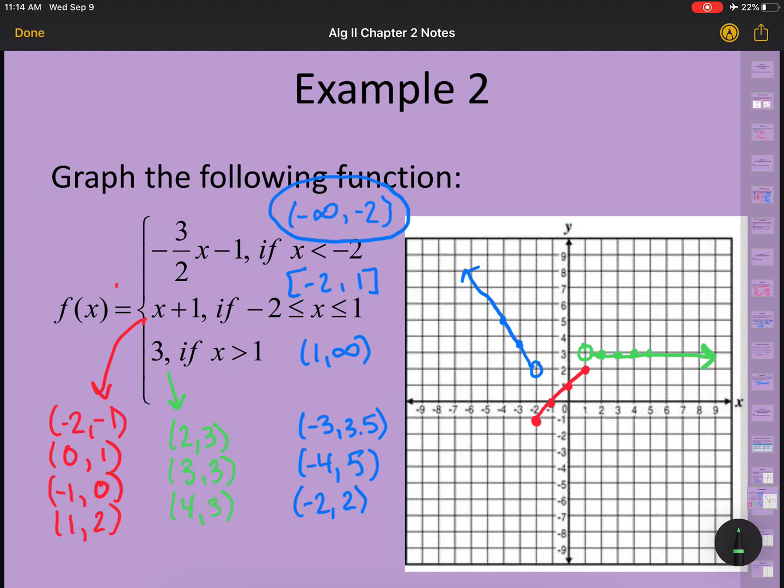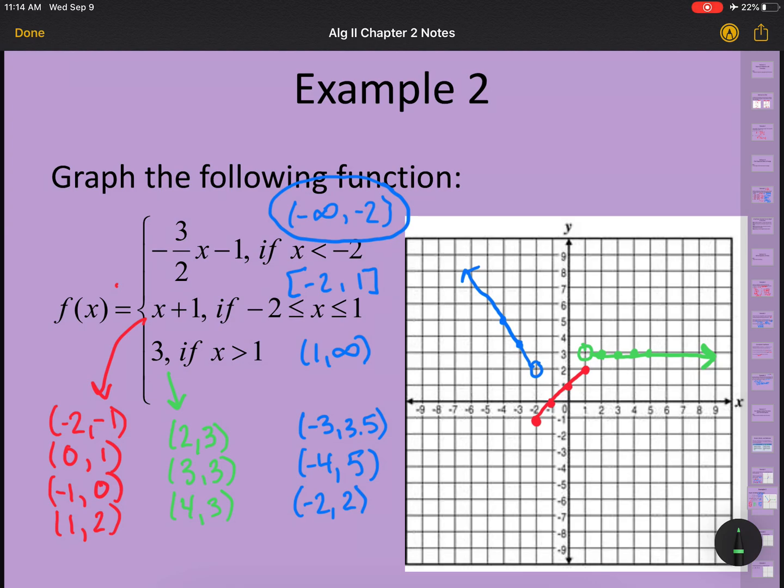Okay, so see how in blue it gets all the way down to -2, but it has to jump down to the red one because it didn't quite include -2. And then we did that red line all the way up to 1, 2, but it didn't quite include 2. Okay, it had to jump from 2 to 3 because these are piecewise functions.